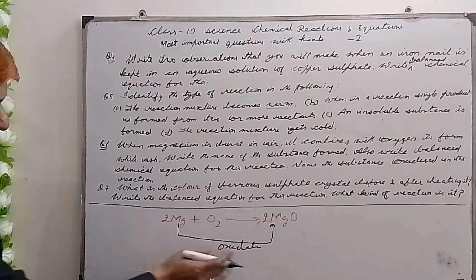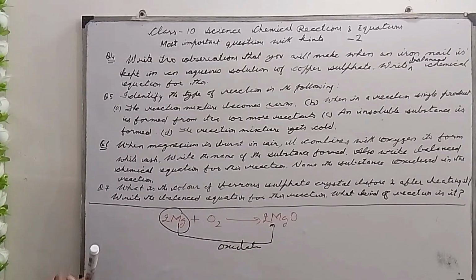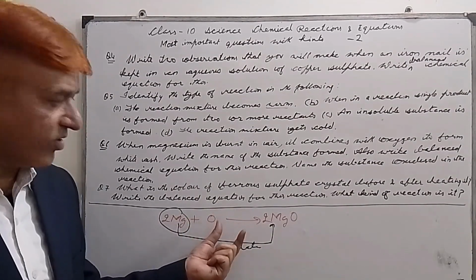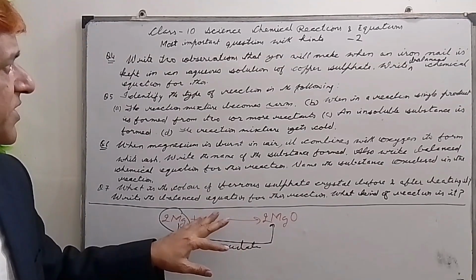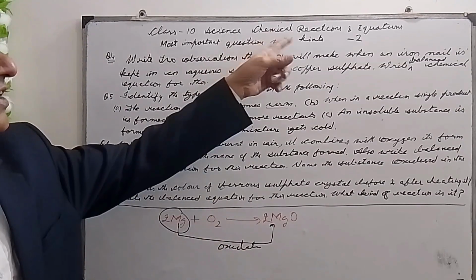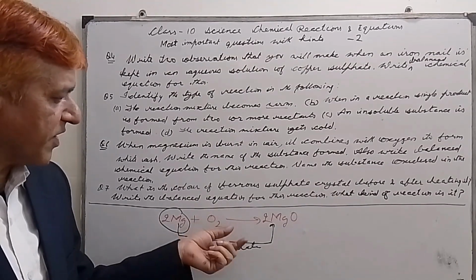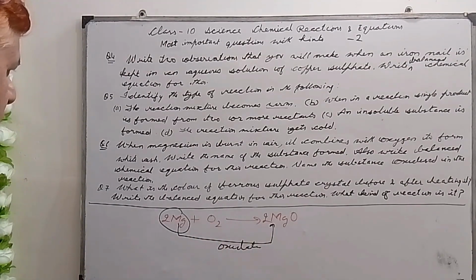So which substance is oxidized? Magnesium is oxidized. My dear students, we have explained in detail oxidation and reduction reactions. So please watch our video of chapter number 1, chemical reactions and equations. We have given a detailed explanation of these reactions.